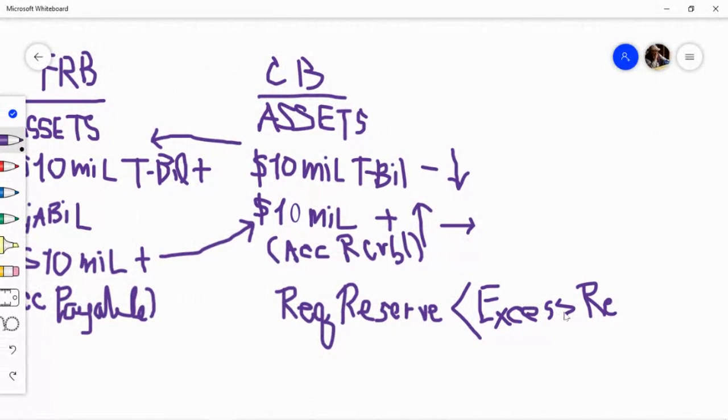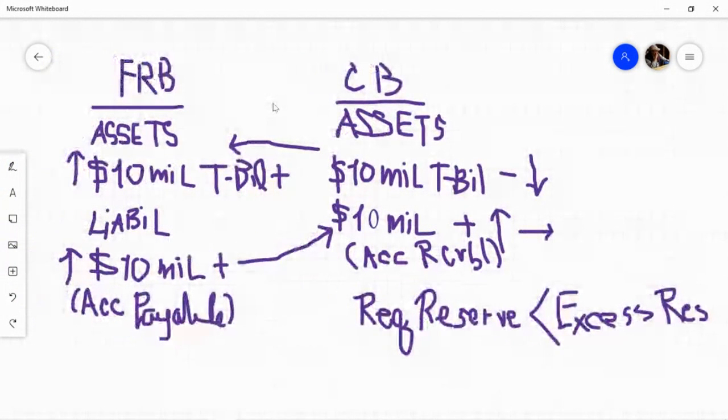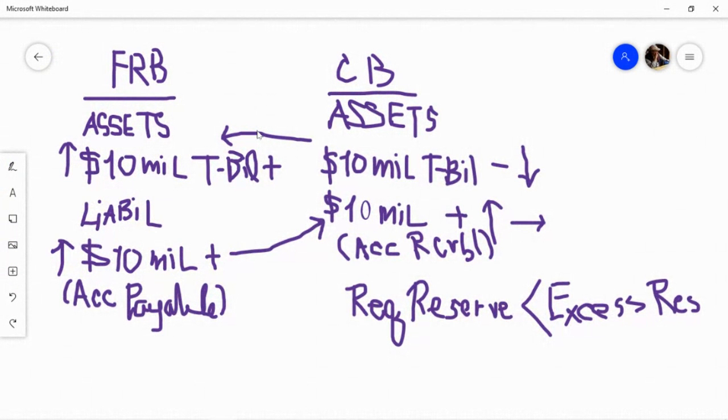So then what do they do? They lend any excess reserve to the Fed funds market. Now think about it. If there's a lot of excess reserve, and they all want to lend it in the Fed funds market, what happens to the supply of Fed funds, in other words, available funds to lend?